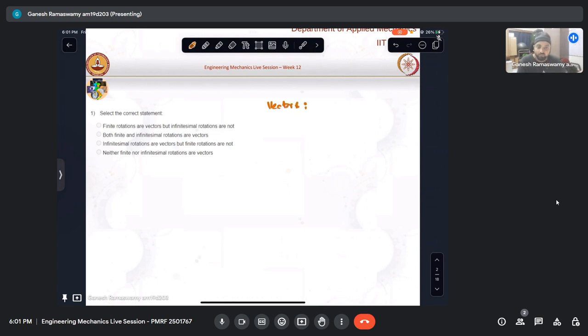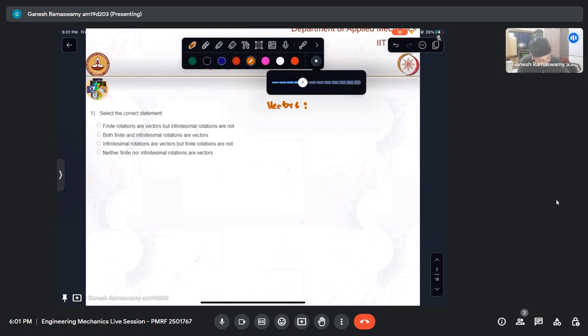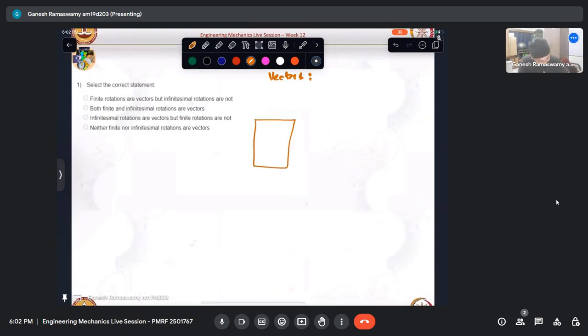Vectors have to basically follow one law. That is, the vector addition should be commutative. What does that mean? Let us say that I have my xy coordinate system like this, X, Y, and then I have z coordinate pointing out of the plane of the sheet.